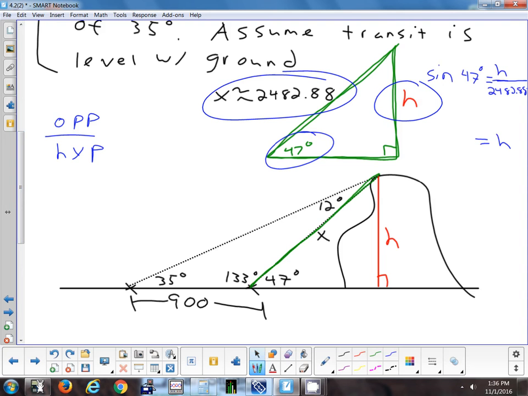So what would be my last step to get H by itself? Multiply each side by 2,482.88, and that'll put it on the other side, and you'll have H by itself. So 2,482.88 sine 47. Multiply that out, and that is the height of the mountain.